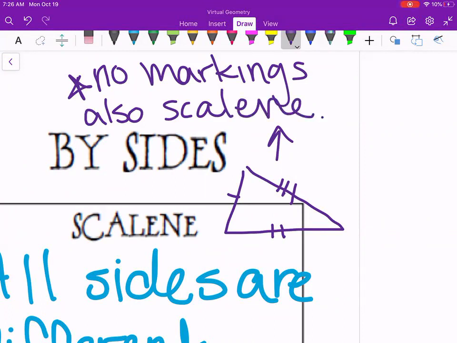Because again, if there's no markings, then they're not telling you that any sides are congruent. So if all sides are different lengths, you don't have to necessarily put those dashes there to indicate that they're different, like we did in the example. So just keep that in mind.